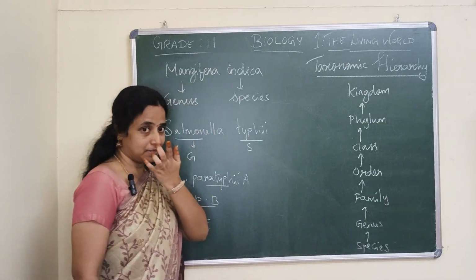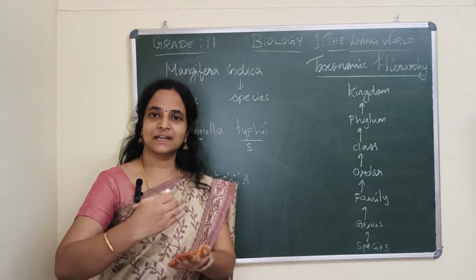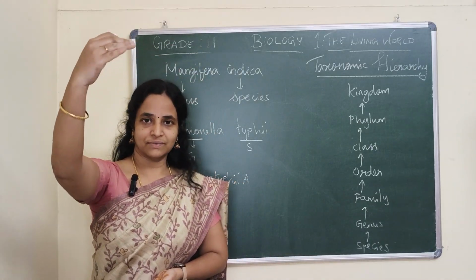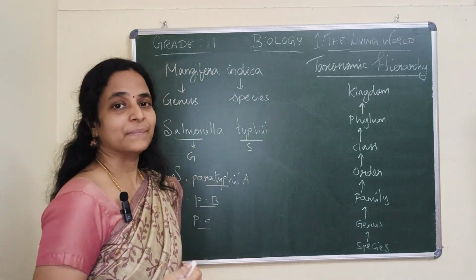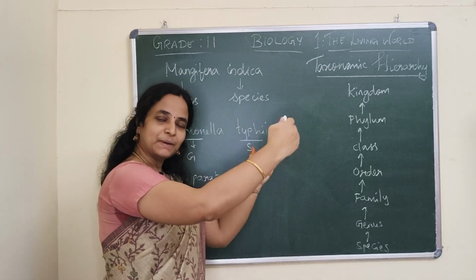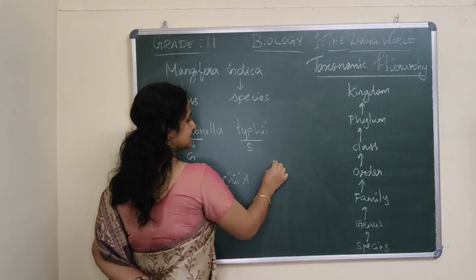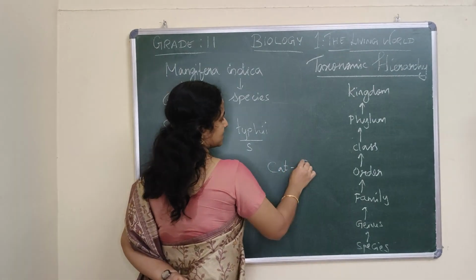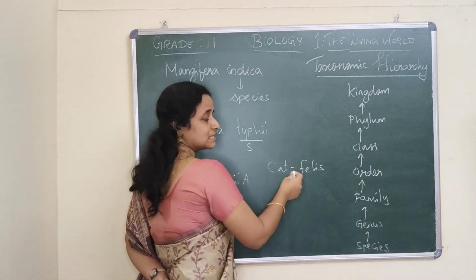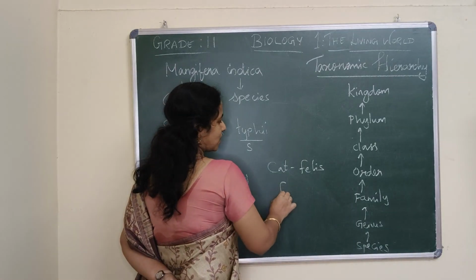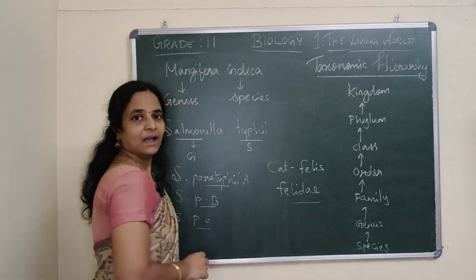Next is the family. Any organism should have a family, right? If you take cat as an example, cat comes under a particular family. The genus of cat is Felis and the family name is Felidae.